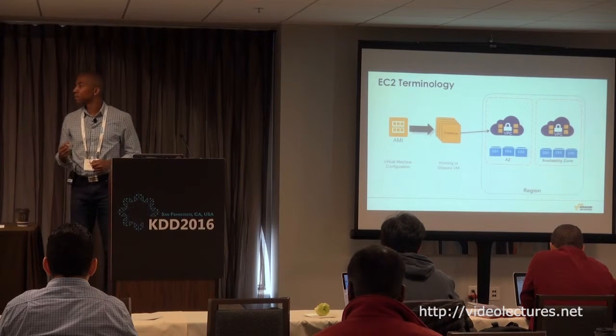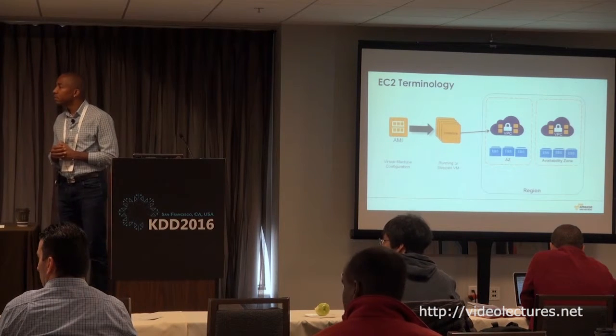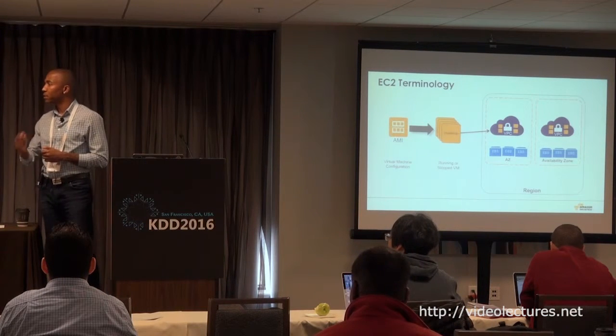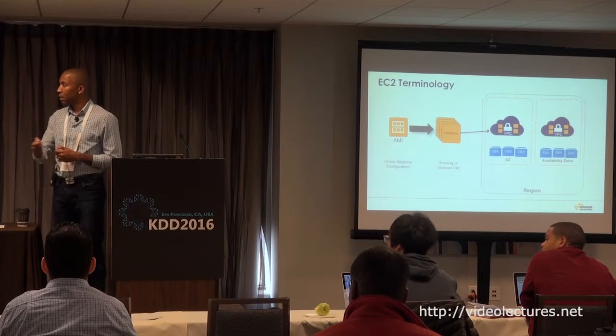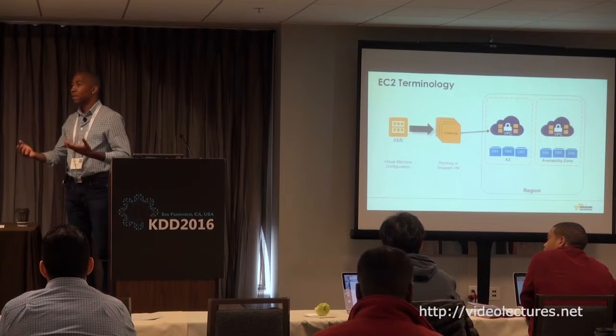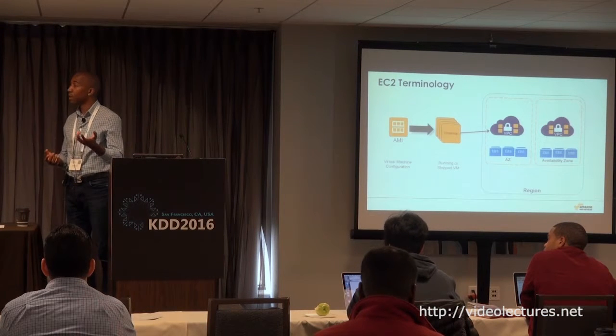What's the difference between Elastic Block Storage and S3? Elastic Block Storage is directly attached to your EC2 instance, which means you mount it onto your EC2 instance. That's block storage, which is completely independent of the idea of object-oriented storage.